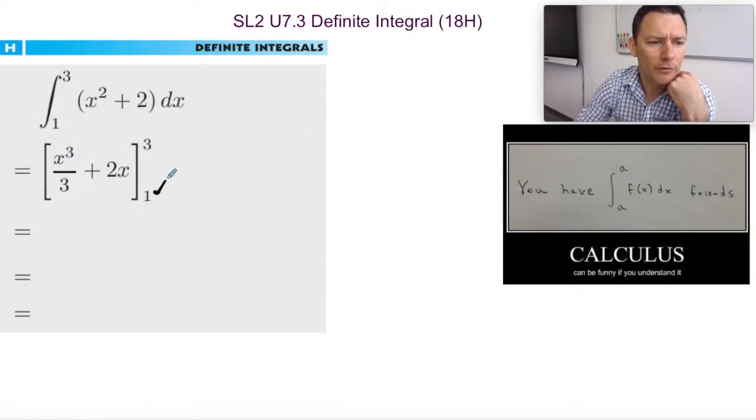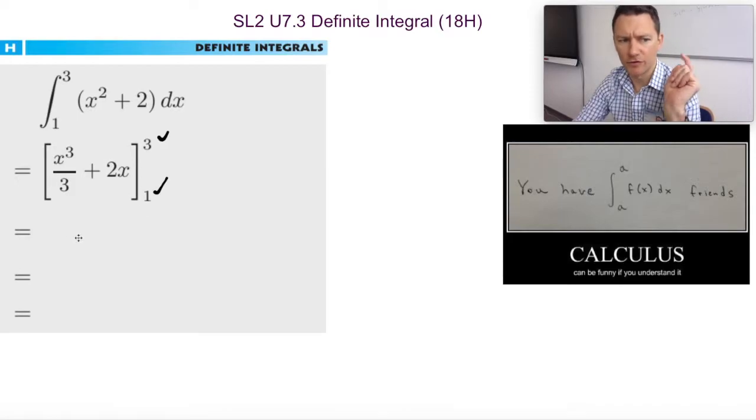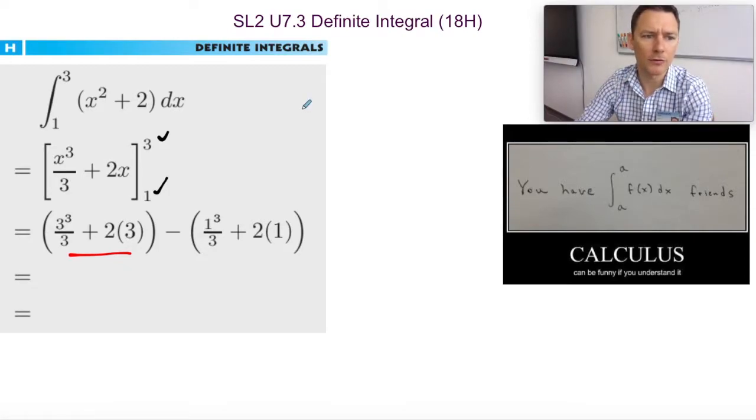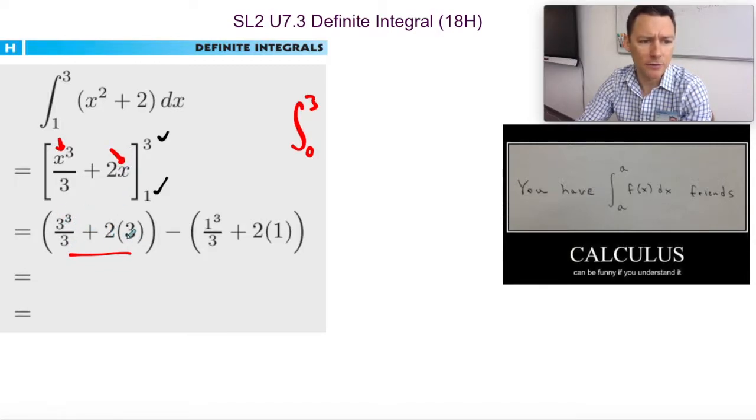I know we're going from 1 to 3, and so I'm going to first find the integral from 0 to 3, and then from 0 to 1, and subtract them. So this piece is the integral from 0 to 3, right? And all you do is plug a 3 into there and there. So we got 3 cubed over 3 and 2 plus 3.